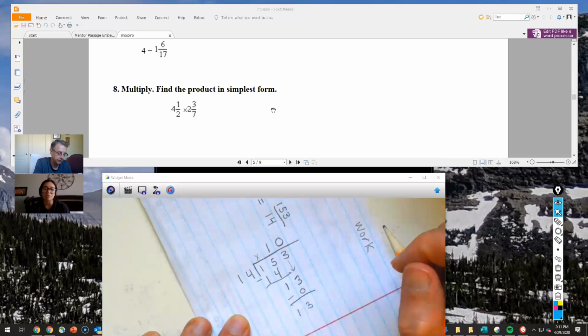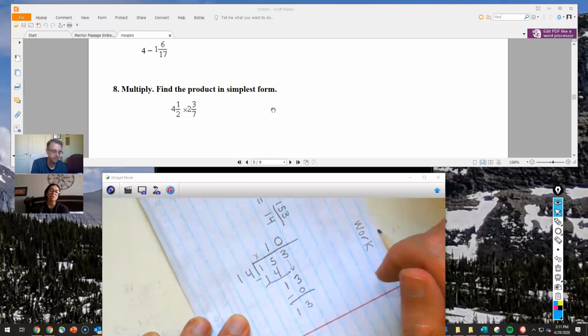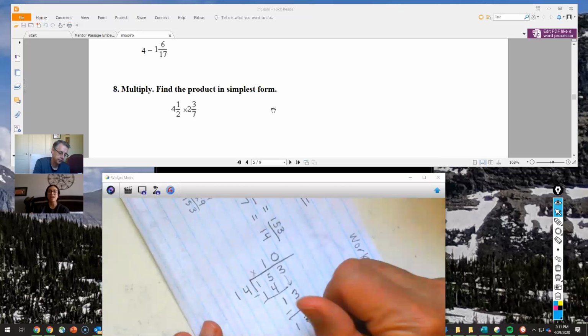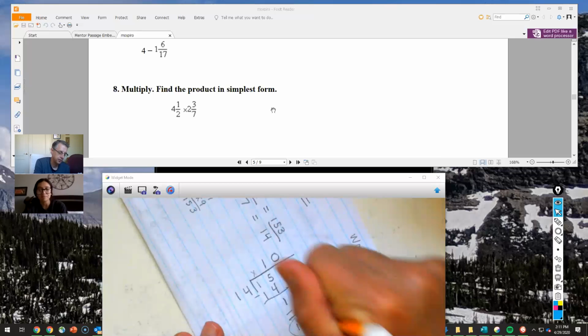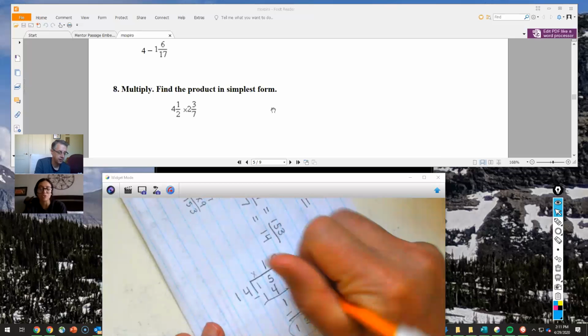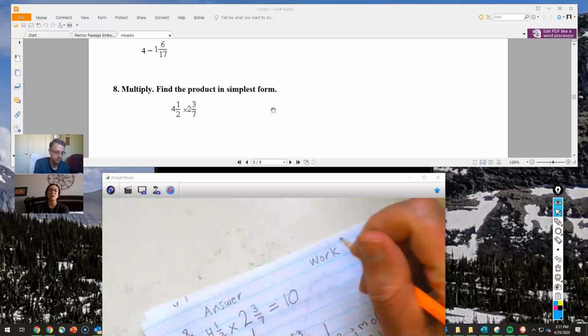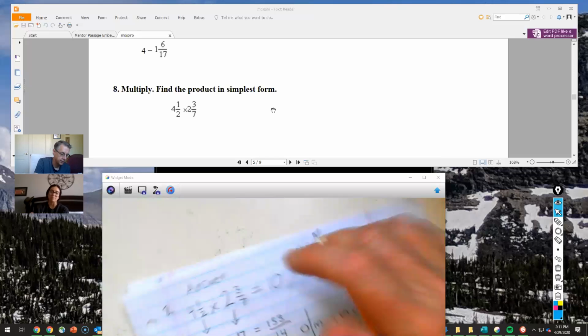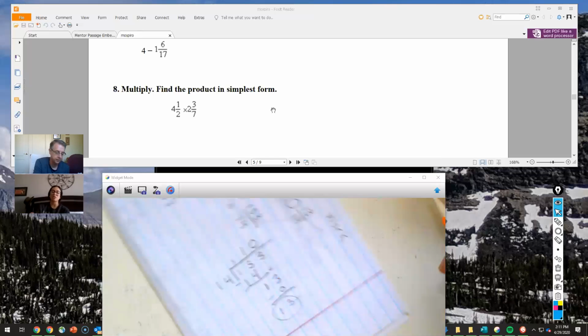So then 14 can't go into 13, so you have to do 0. And now you are done. Your 10 is going to be your new whole number, and your 13 becomes your new numerator, and your 14 is your denominator. So you should end with 10 and 13/14.